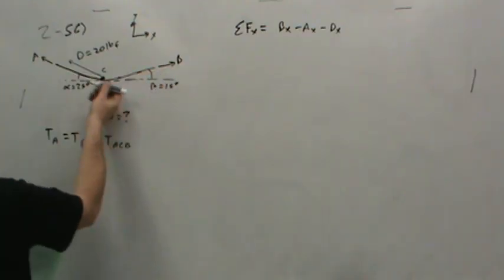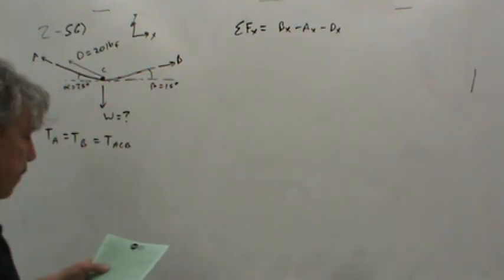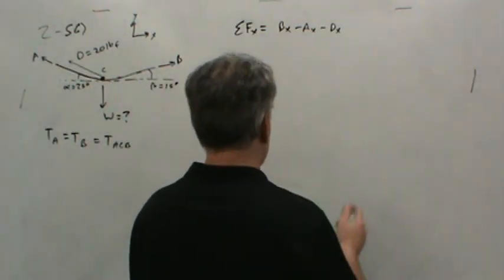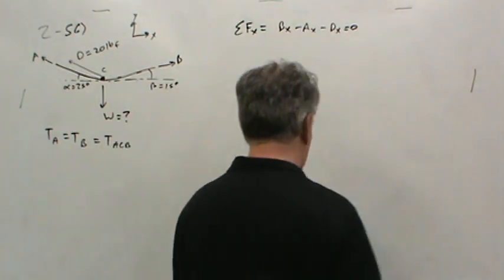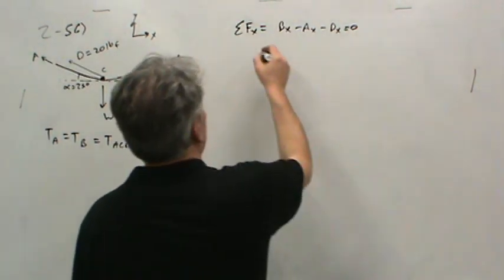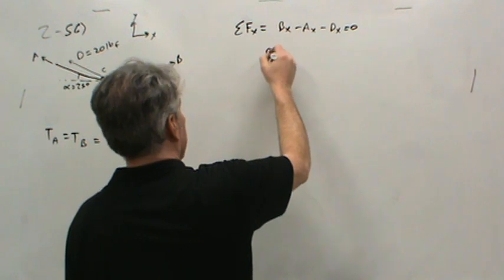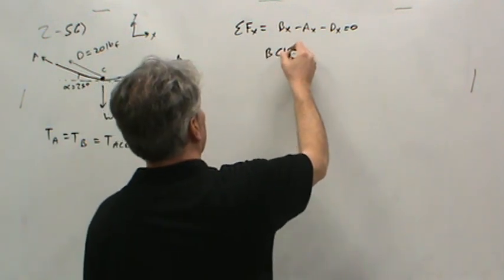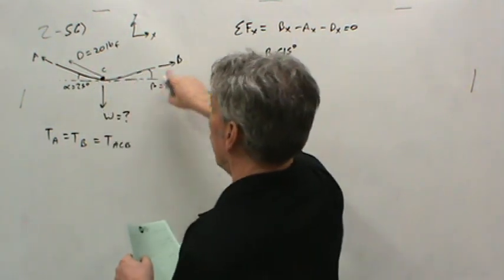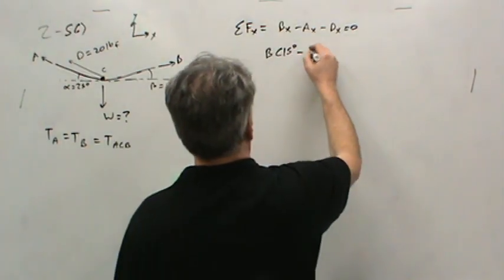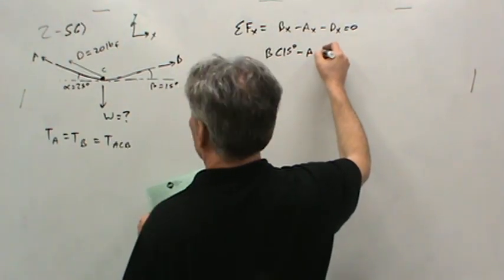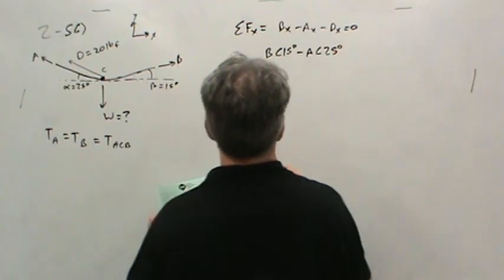Thus Bx is positive, and Ax and Dx are both negative. Those are the only forces that act in the horizontal direction. Bx can be written as B multiplied by the cosine of 15 degrees, and A can be written as A times the cosine of 25 degrees.